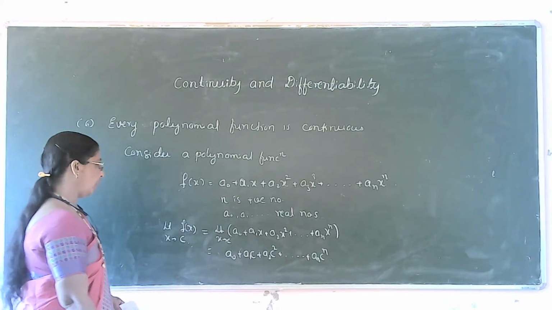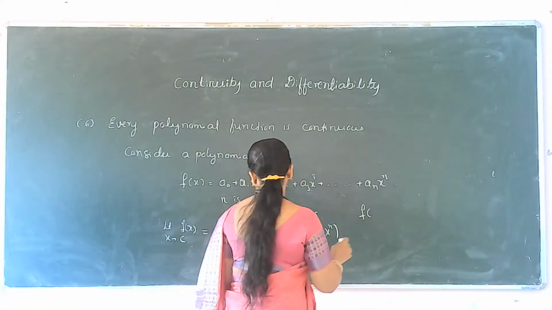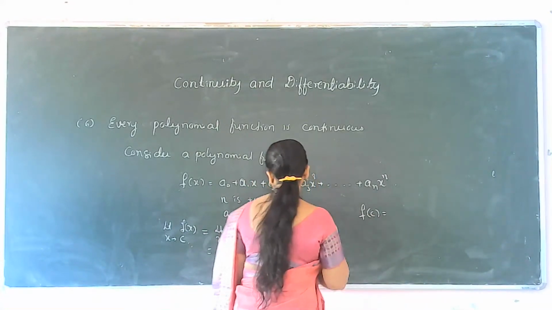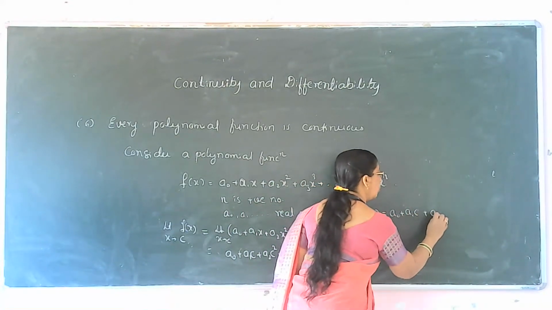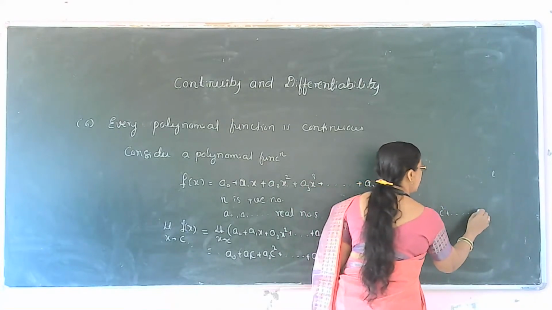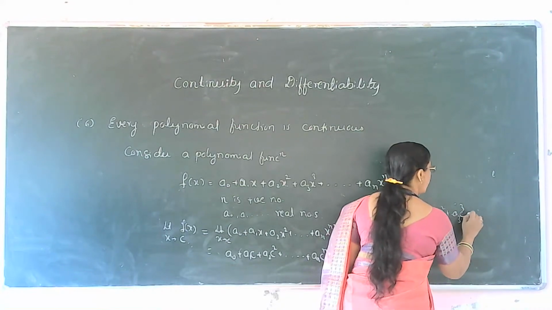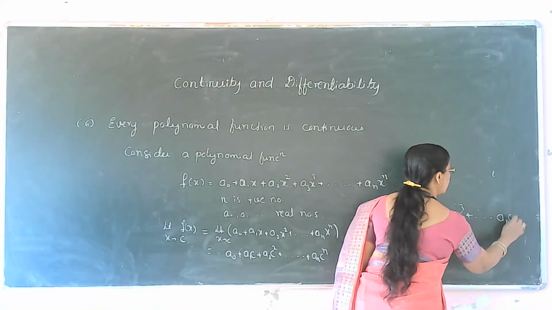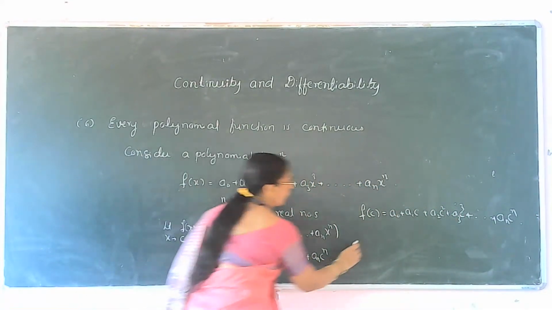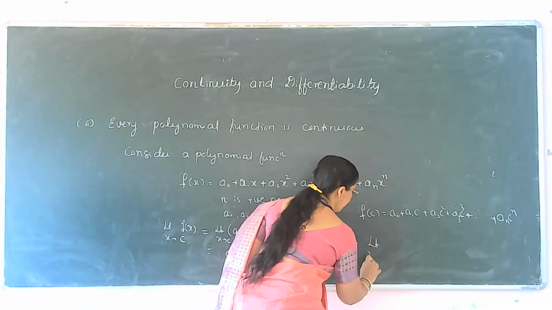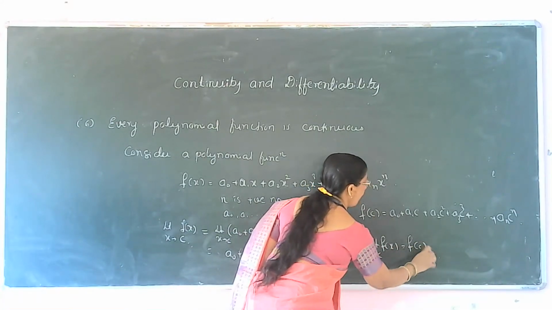The value of the function at c is also equal to a0 plus a1c plus a2c square plus a3c cube up to plus an c to the power n. Therefore, the limit of the function as x tends to c of f of x is equal to f of c.